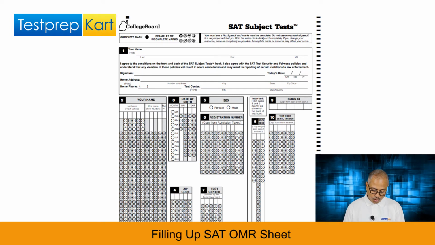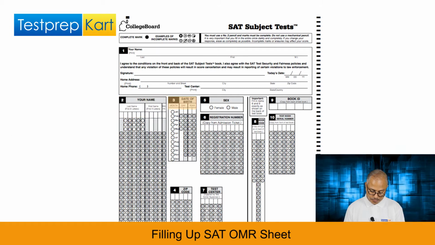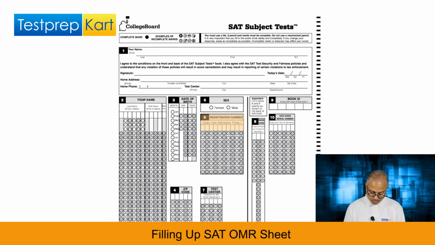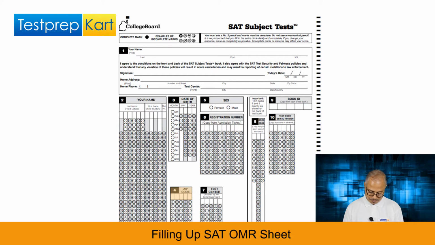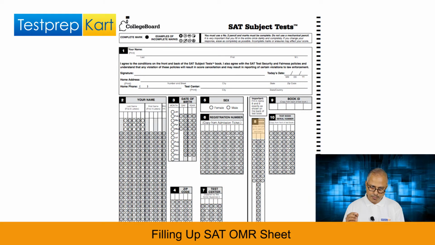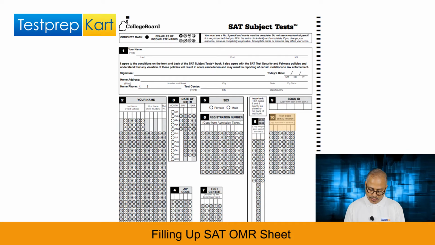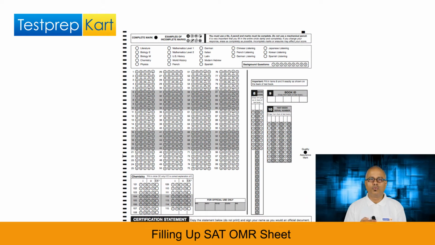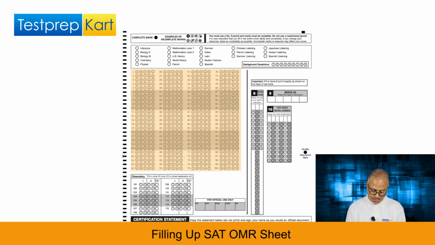Then you also fill up your name once again, your date of birth, the gender, the registration number, the zip code or area key, these two are the same. The test center, then the book code which will be written on the question booklet, the book ID also, and the test book serial number. Now, once you go to the second page, you have a choice of 100 answers.